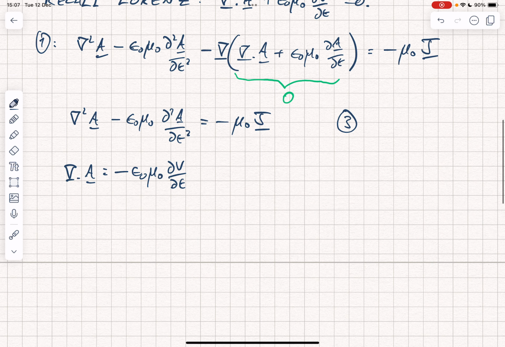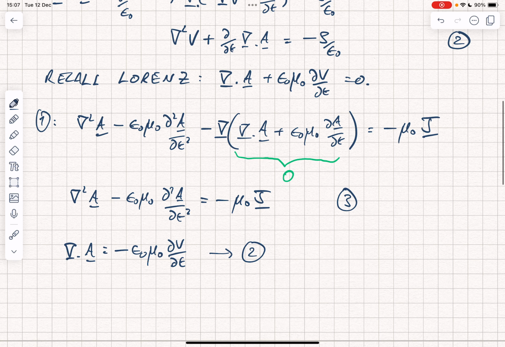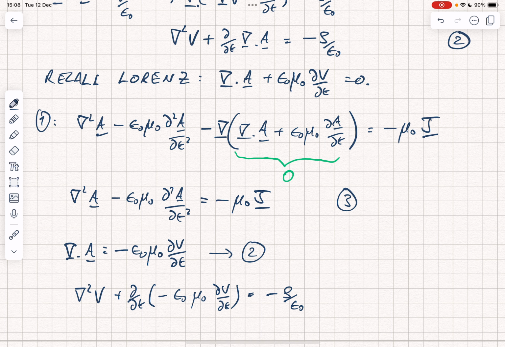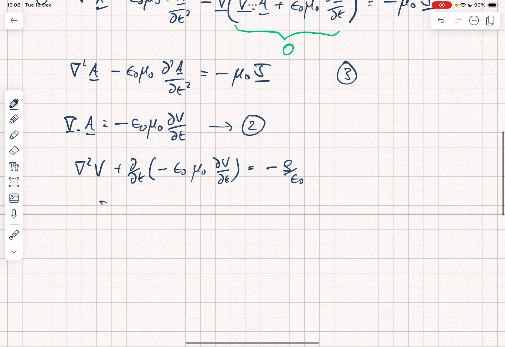So now let's substitute this into 2. Now that I've corrected equation 2, we find the following: we have that del squared V plus d by dt of minus epsilon naught mu naught dV by dt is equal to minus rho over epsilon naught, and therefore del squared V minus epsilon naught mu naught d2V by dt squared is equal to minus rho over epsilon naught.